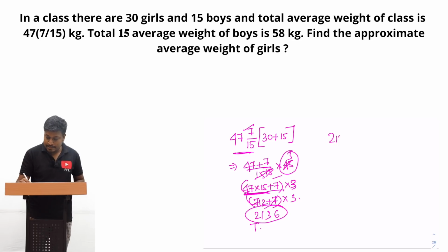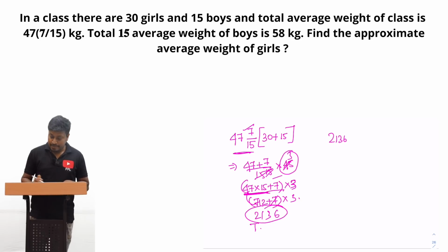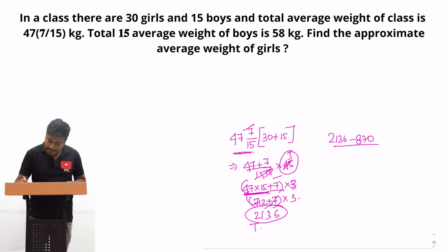So 2136. So now we know that according to the second point, the average weight of the boys is 58. So 58, total number of boys is 15. So 58 into 15 will be 870. So subtract 870. Got it? Our target is to find the approximate average weight of the girls. How many girls are there? 30 girls.